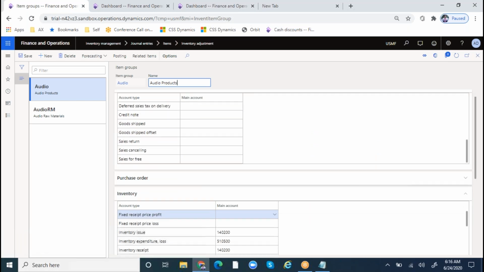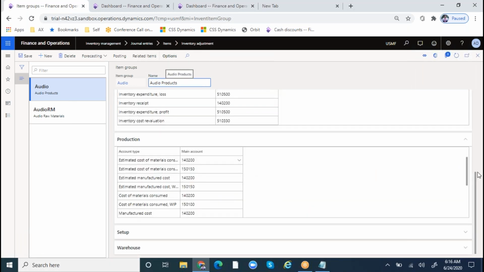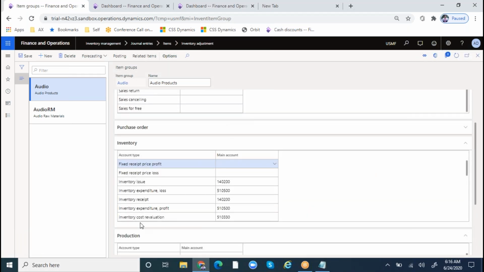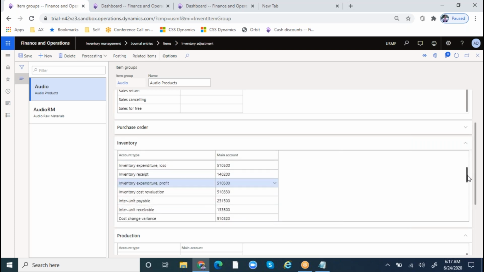This is the item group, audio and category. Forget about the remaining inventory issue, inventory receipt. This is expenditure loss, this is inventory expenditure profit. And what is the last one? Inventory cost. Forget about the remaining at this point.